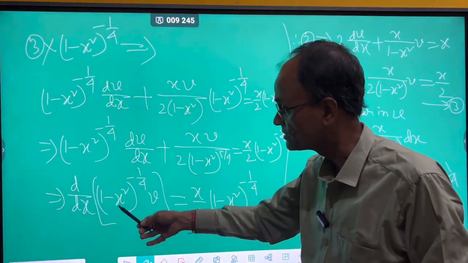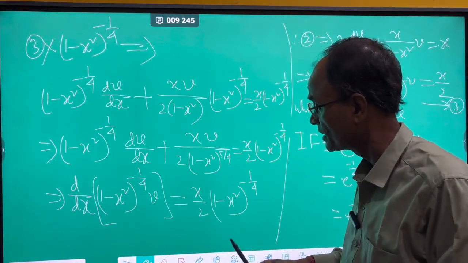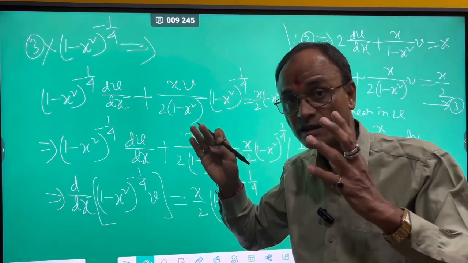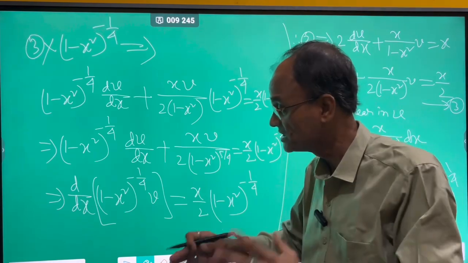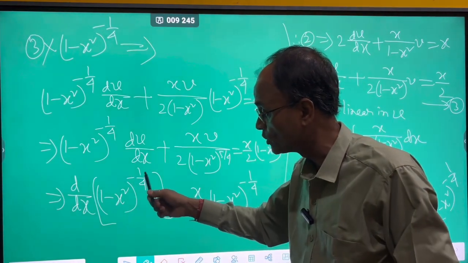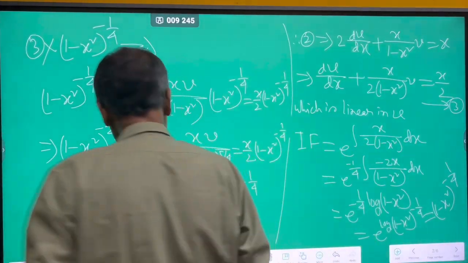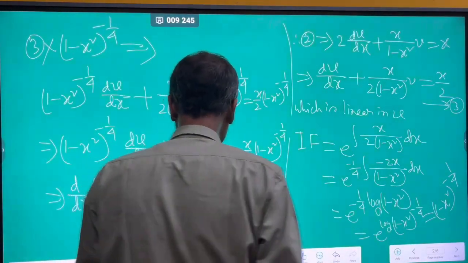First function into differentiation of the second function v, and differentiation of 1 minus x square whole to the power minus 1 by 4 is this. You may simply check this one.